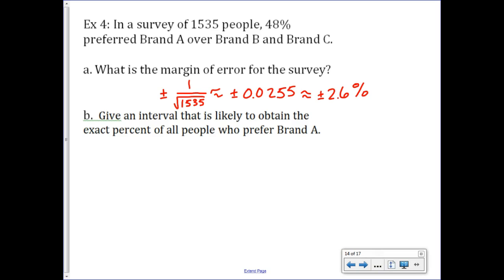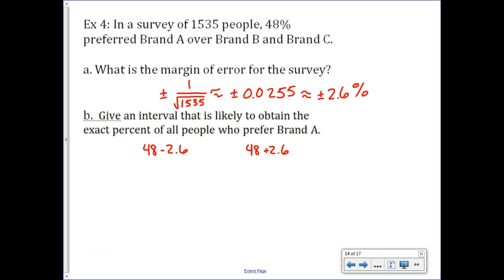Give an interval that is likely to contain the exact percent of all people who prefer brand A. Okay, so that interval means that if we know that 48% preferred brand A over brand B and C, then we need to do 48 minus 2.6 and 48 plus 2.6.